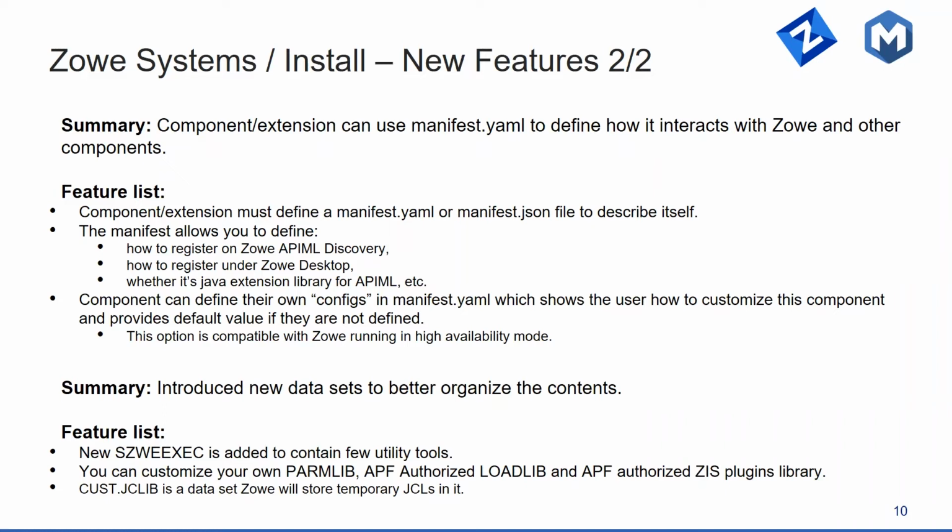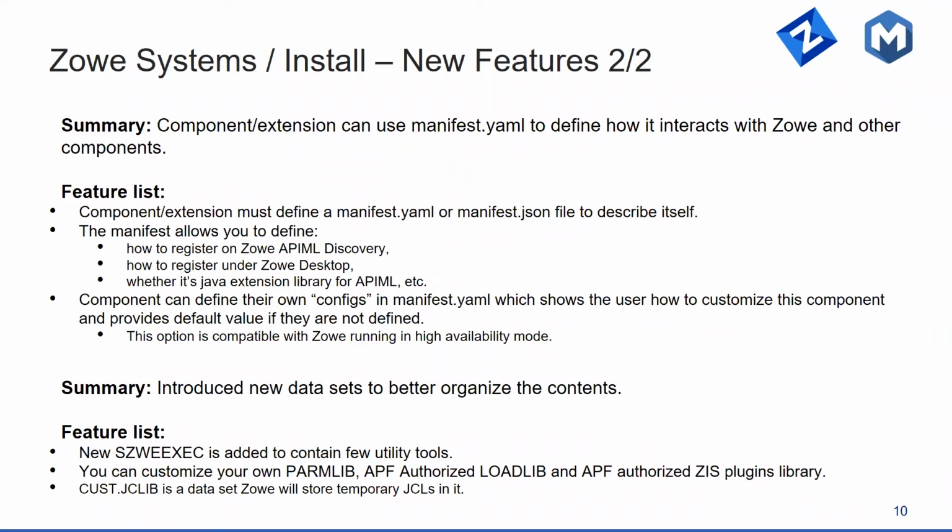With this change, we are not suggesting you use environment variables to configure your component, because environment variables sometimes may conflict with high availability. You can only define one set of values, but for different instances it's very hard to customize. This config section is compatible with high availability. Every component can have a different configuration value in each LPAR, or each Zowe instance.